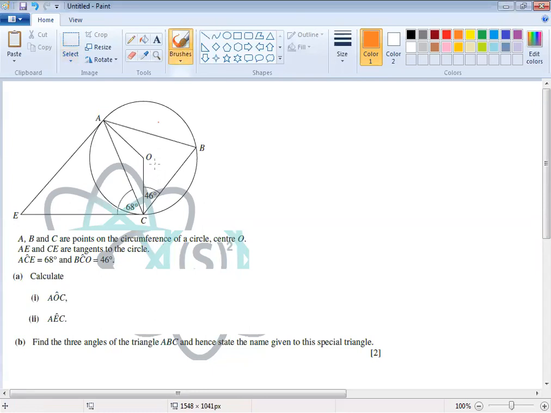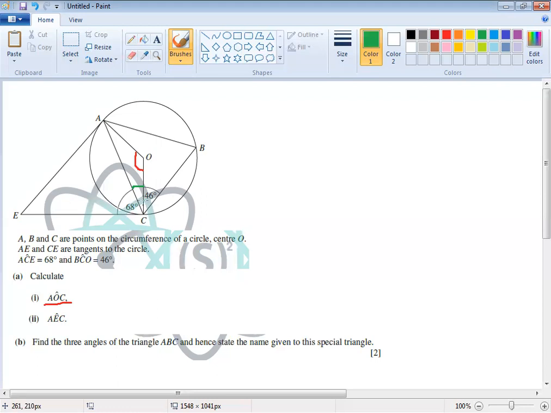How do we find AOC? AOC. Yes, class. Very easy again. What should the total angle between the radius and the tangent be?